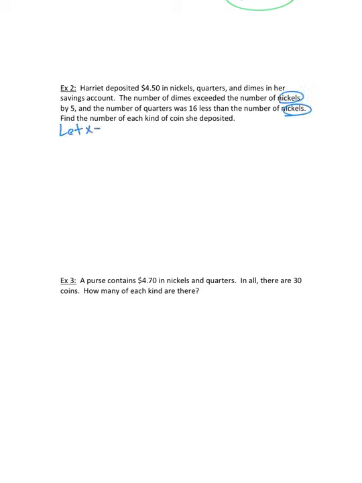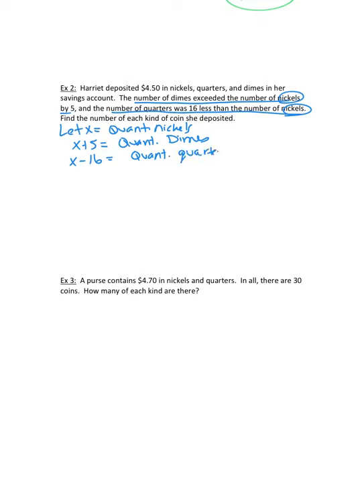So I'm going to let X equal quantity of nickels. The number of dimes exceeded the number of nickels by 5. X plus 5 is the quantity of dimes. The number of quarters was 16 less than the number of nickels. X minus 16 is the quantity of quarters. My equation is based on the fact that all the money adds up to $4.50.